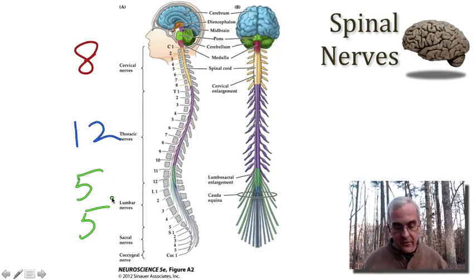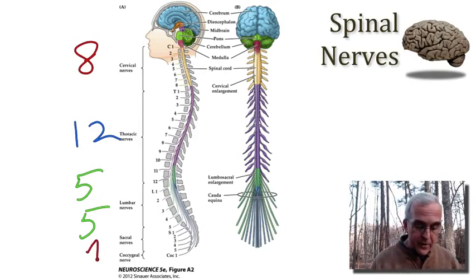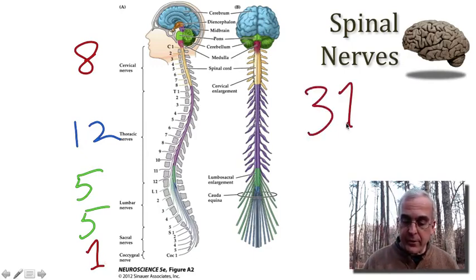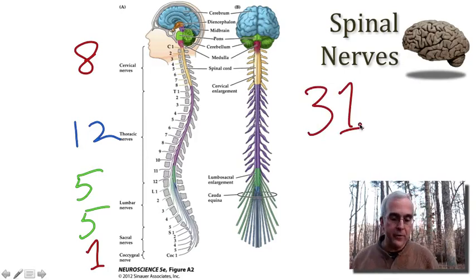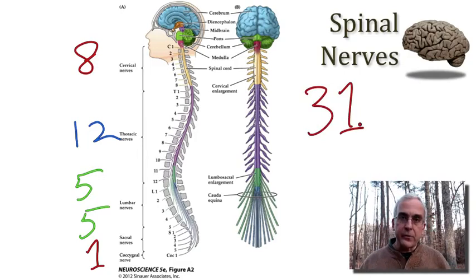And then finally, there's a single coccygeal nerve that attaches at the very bottom of the spinal cord. So when you add all those numbers up together, we get the number 31. So there are 31 pairs of spinal nerves, 8 cervical, 12 thoracic, 5 lumbar, 5 sacral, and 1 coccygeal.